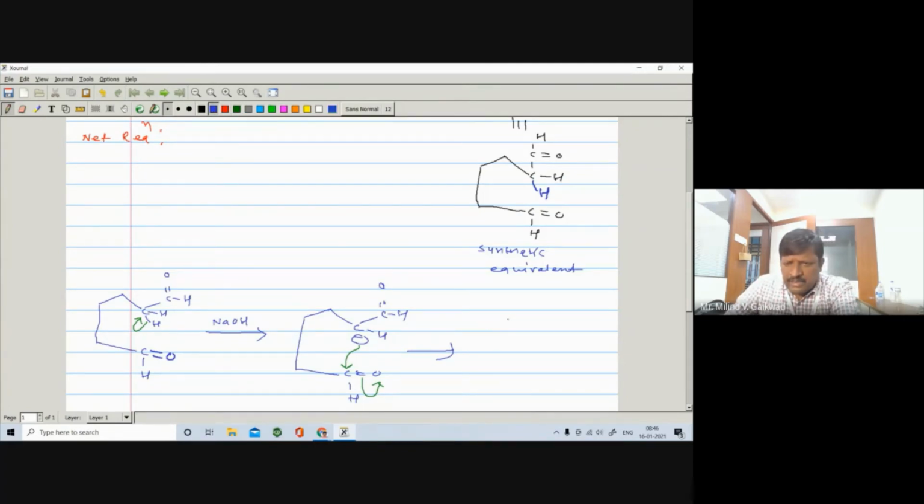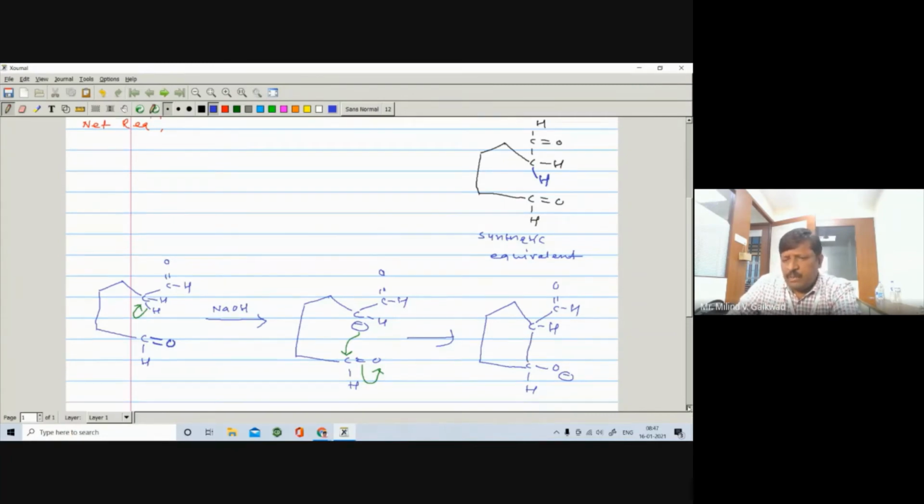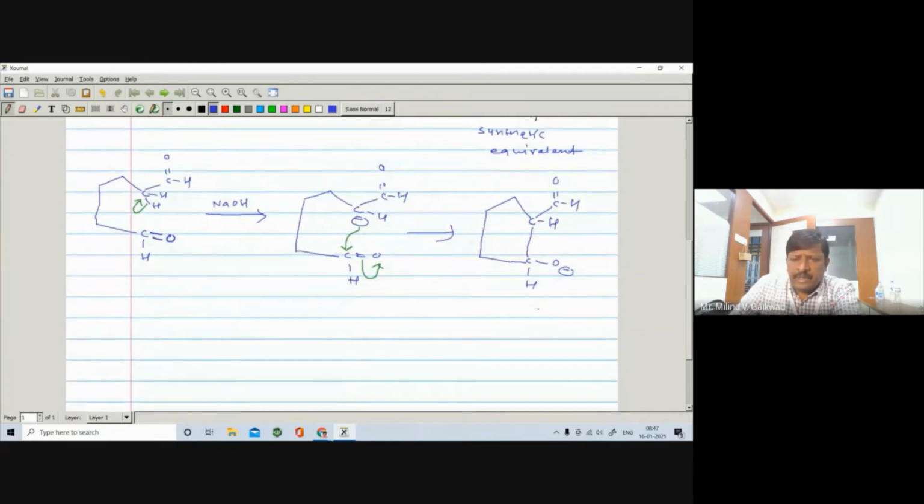So you get the corresponding 5-membered ring compound, right? You get the 5-membered ring compound. Here is a C, here is the H, here is a C double bond O, H. Like this one, C, here is O negative, here is a H, and this carbon will attack this carbon. Means you get the corresponding 5-membered ring compound.